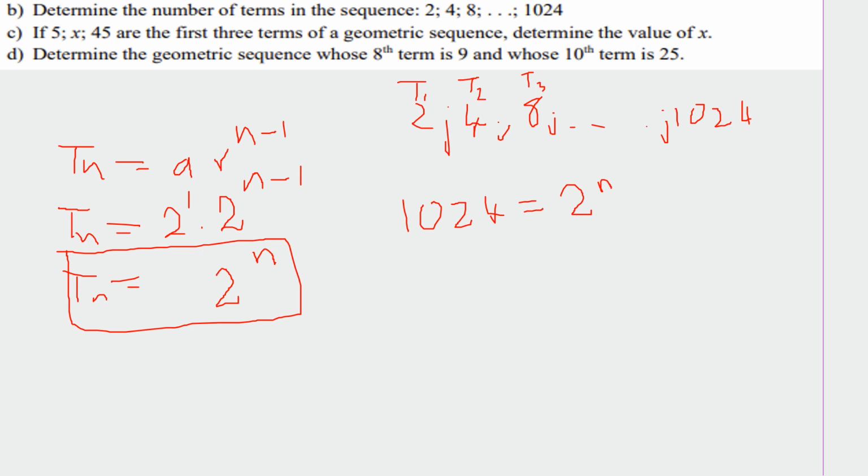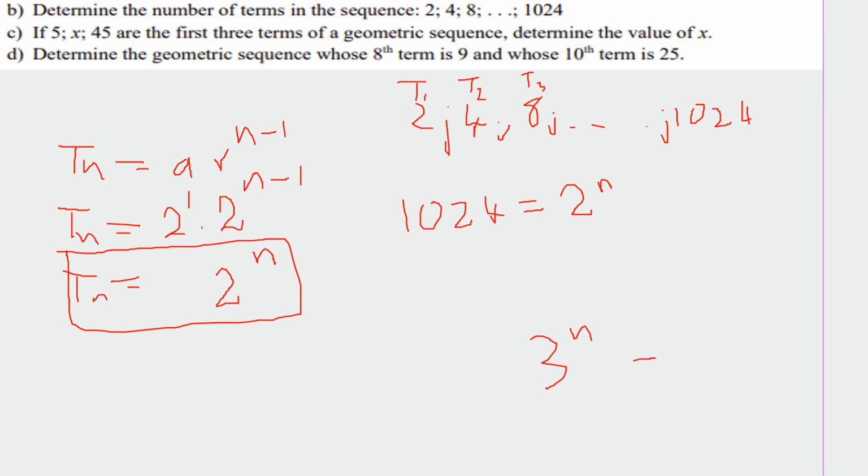So I'm going to introduce a new topic to you, or maybe your teacher has already done it with you in class. We're going to apply what we call a log function. Let me make an example first. Let's say we have 3 raised to the power of n.